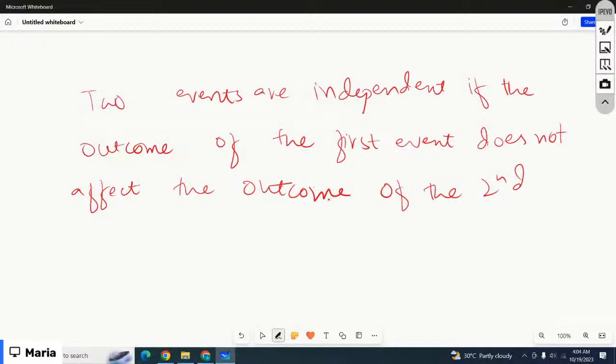That is the definition of the independent event.